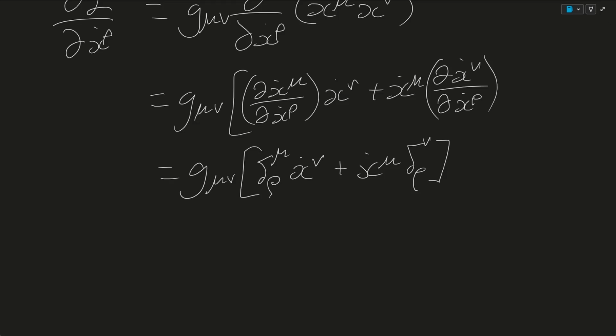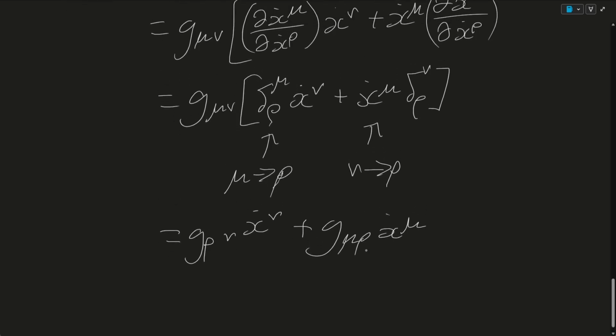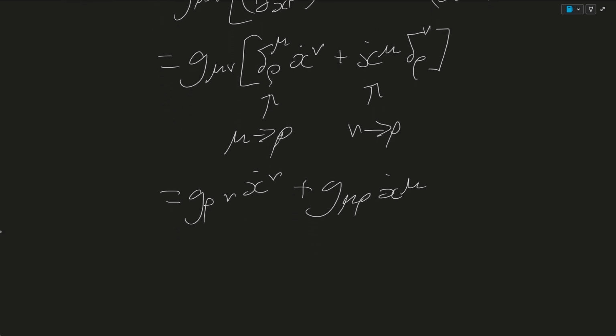So this delta forces mu into rho, and this delta forces nu into rho, which simplifies things, because then we get that it's equal to g sub rho nu x dot to the nu plus g sub mu rho x dot to the mu. Okay, that's useful. And we have symmetry here.